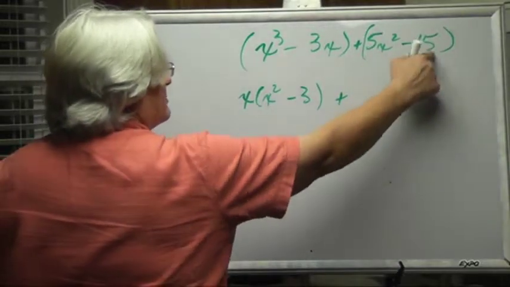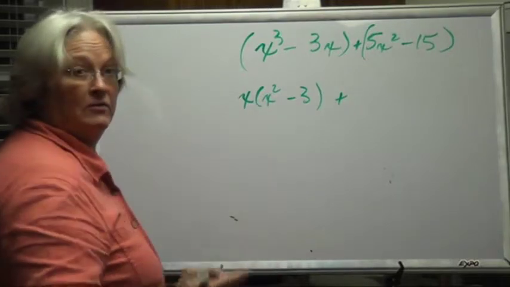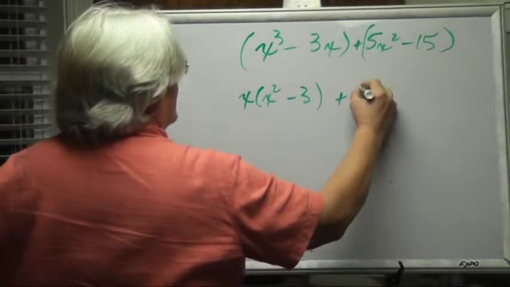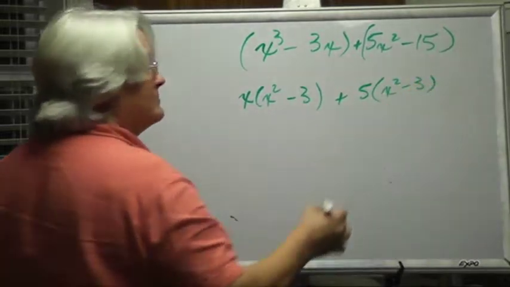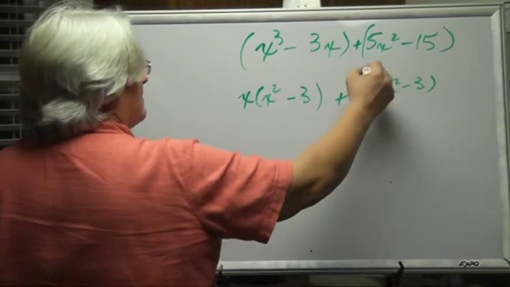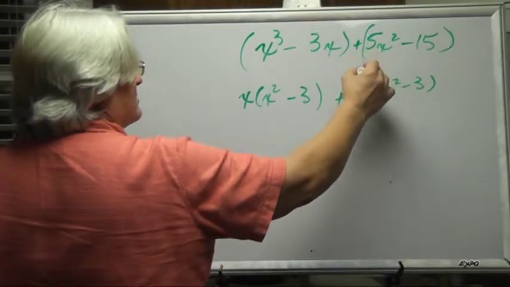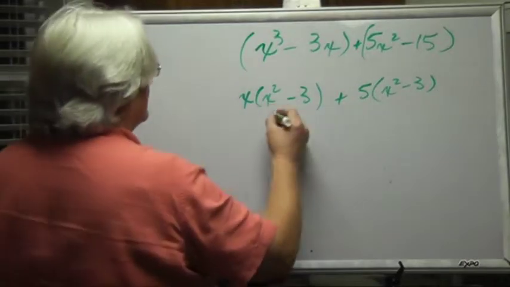Here, there are no factors of x in common, but there's a factor of 5 in common. 5 times the quantity x squared minus 3. You distribute to check. 5 times x squared is 5x squared. 5 times the negative 3 is a negative 15.